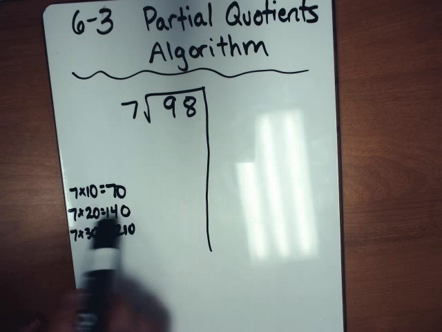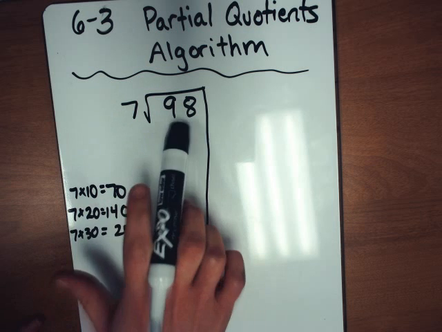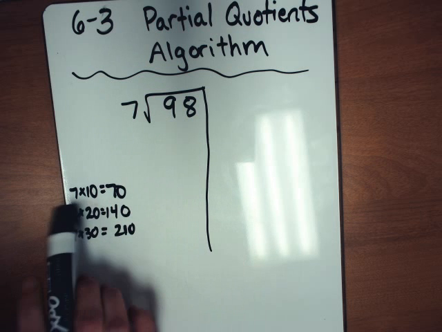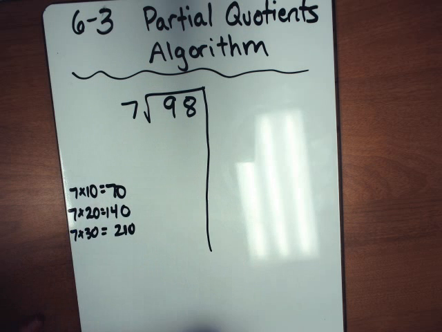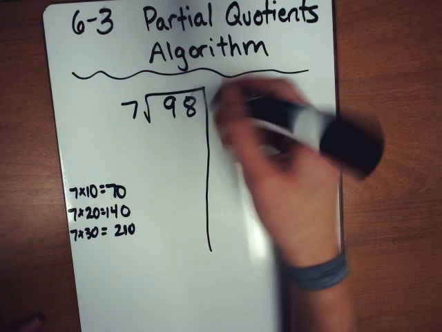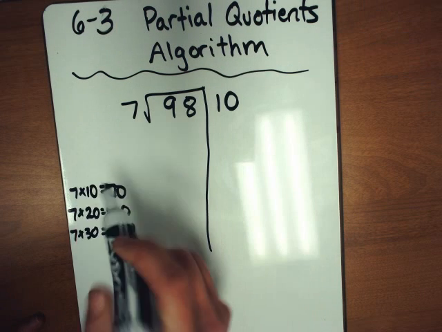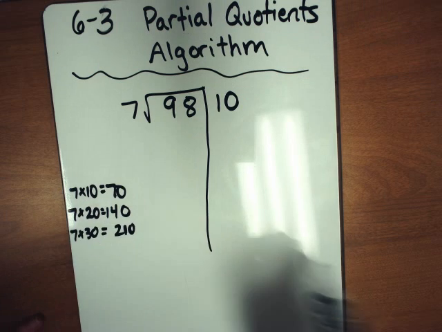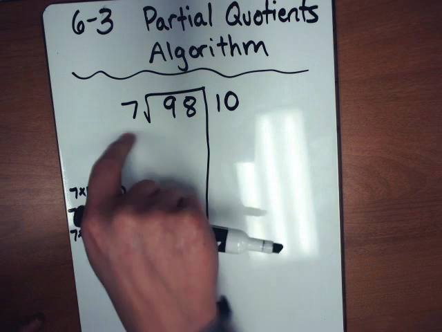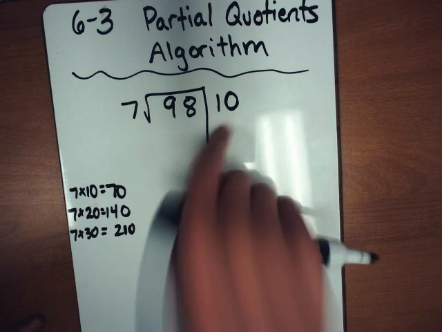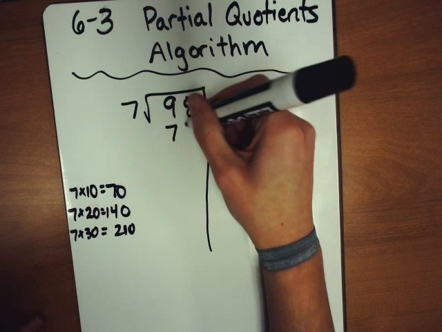When I went to 20, 7 times 20 is 140. It's too many. So I'm going to start off with this first one here. 7 times 10 equals 70. So I'm going to share out 10 into each group. Remember, I've got 7 groups right here. And I'm going to share out 10 into each of those. So 7 times 10 is 70.